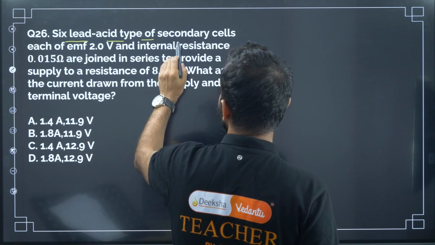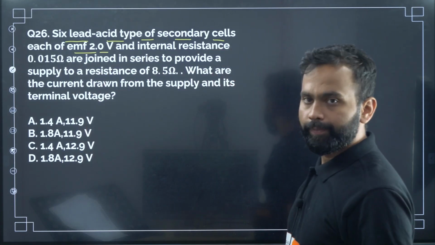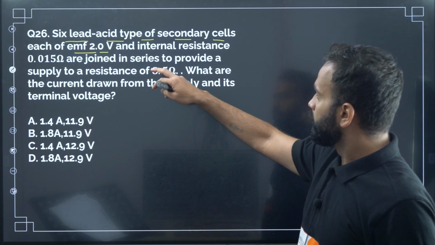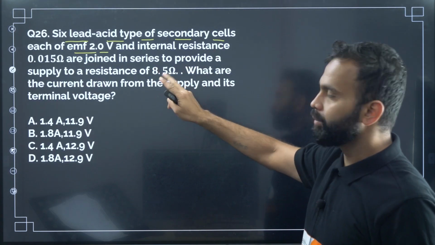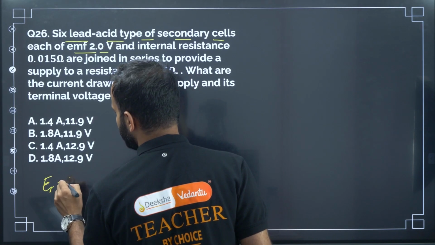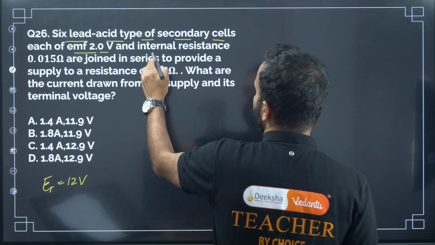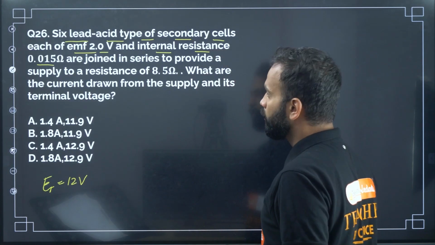6 lead acid type of secondary cells, each of EMF 2 volt. Each lead acid cell has EMF 2 volt, so the total EMF E total is equal to 12 volt, and internal resistance 0.015 ohm.